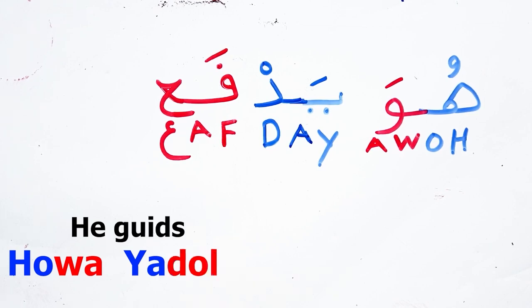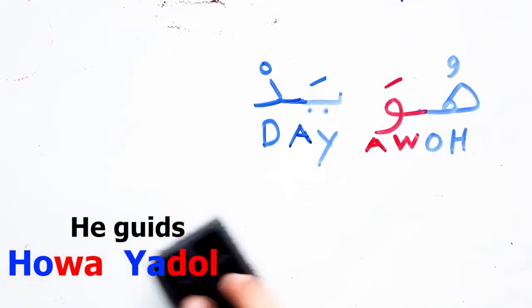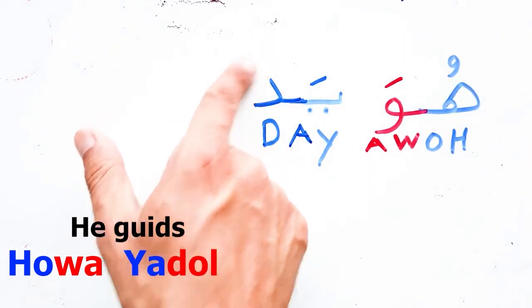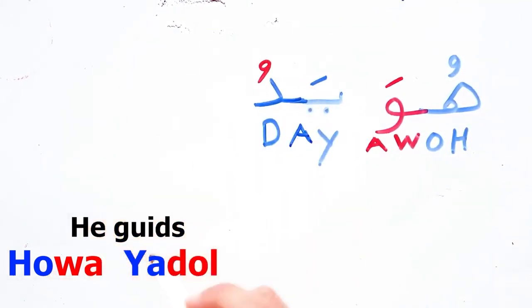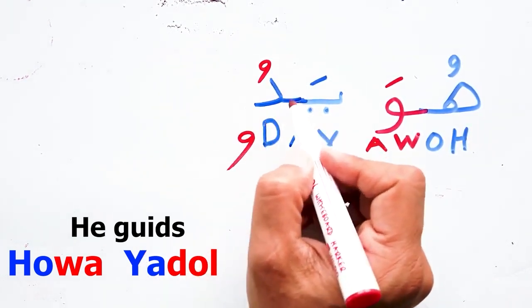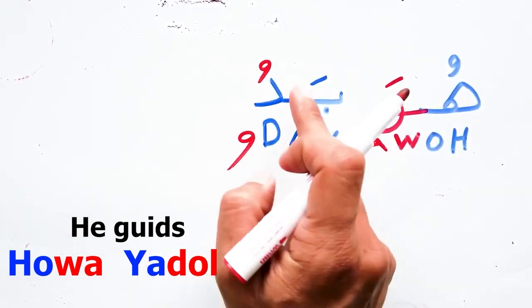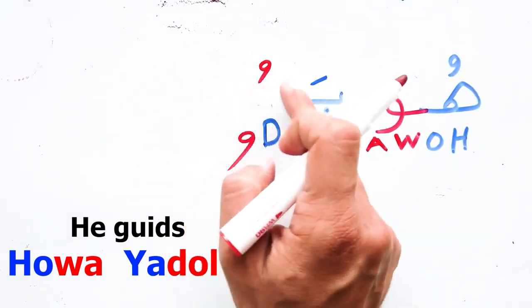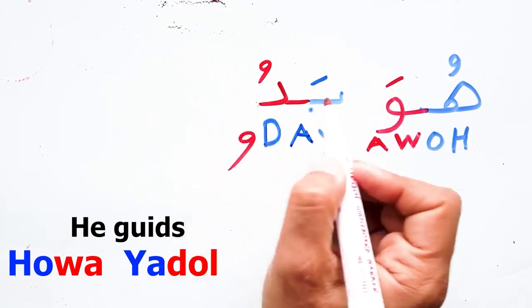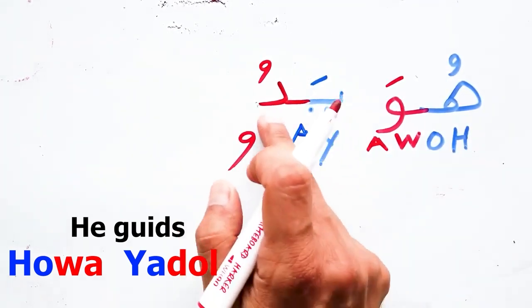هو يدل. So I'm gonna remove this part here and I say do. We have the sound of O here, right? Do. So what does it mean? It means it's another syllable now because I removed the sukun. So I'm gonna write it in red because it's another syllable. يدو.